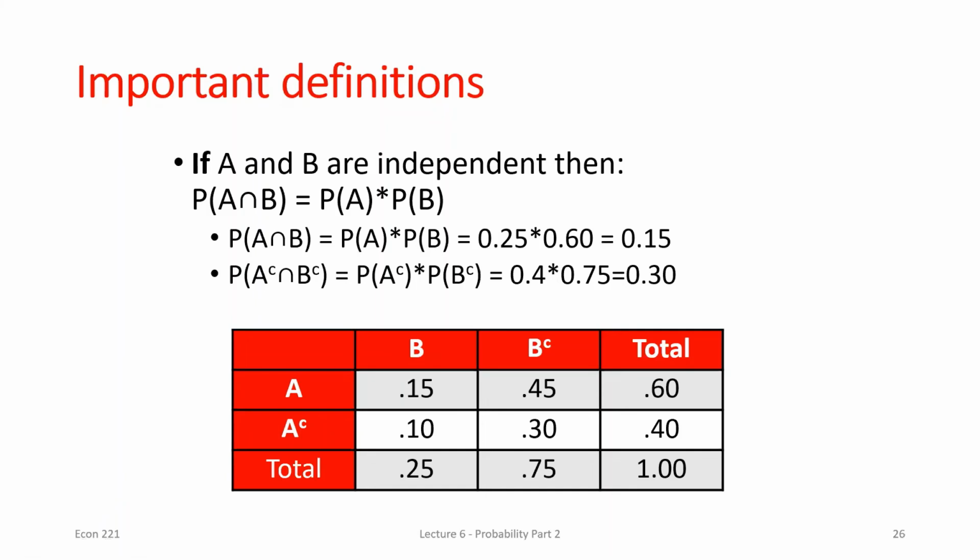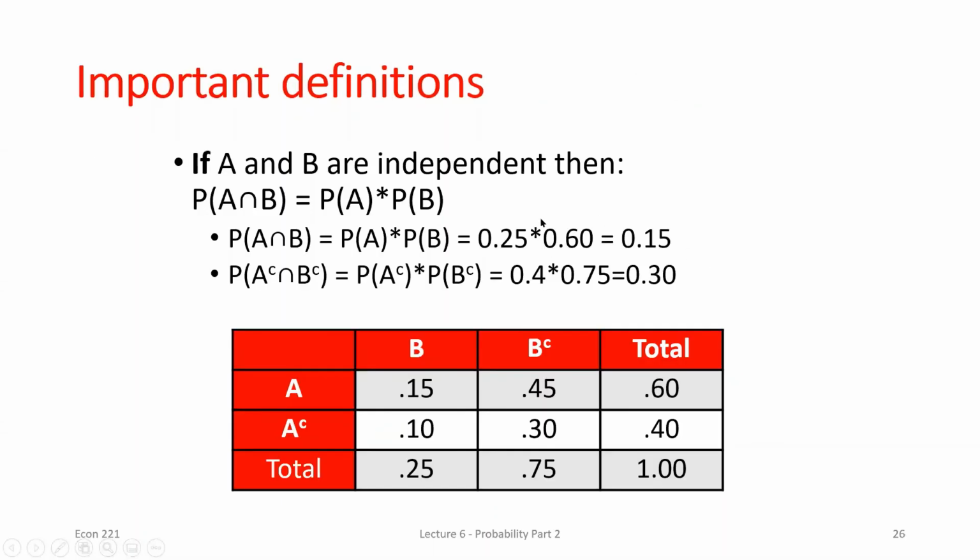So not having blue eyes, having an eye color that's not blue, should be independent from being a registered Republican. Let's assume there's two political parties for the sake of this example. So those complements, not having blue eyes and being a registered Republican, would also be independent. That's the idea that if two events are independent, their complements will be as well. So technically, there's a fourth way we could check. If we wanted to check the complements first, that would also work.